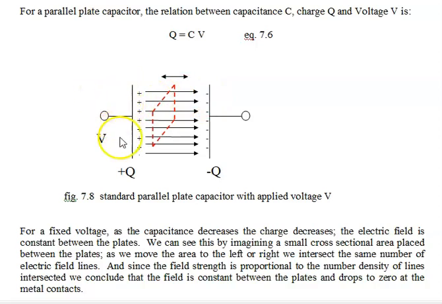The electric field in this region is 0. No lines are cut. The electric field on this side is 0. No lines are cut. The electrical field between the plates is constant as we move this imaginary square back and forth, because we're cutting the same number of lines from the left side to the right side.